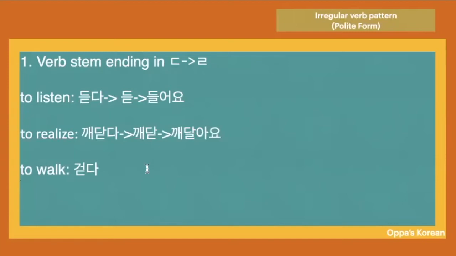The third example, to walk, 걷다. The stem is 걷. The stem ends in ㄷ, so ㄷ becomes ㄹ. And the vowel is ㅓ, it's not ㅏ or ㅗ, so the ending is 어요.